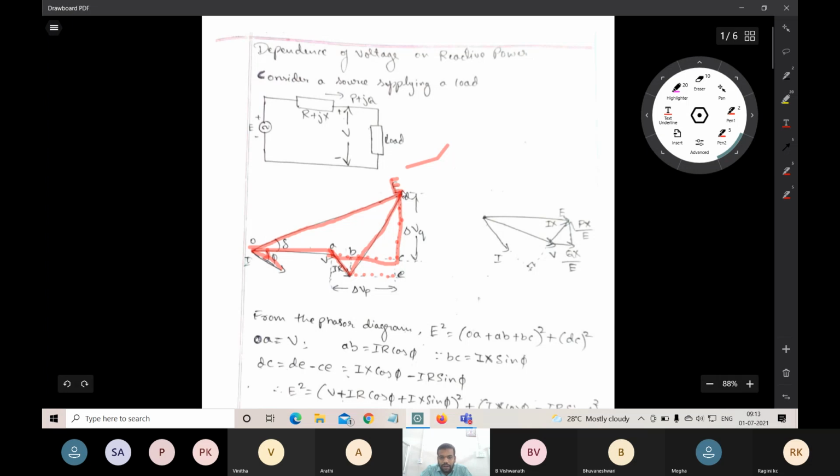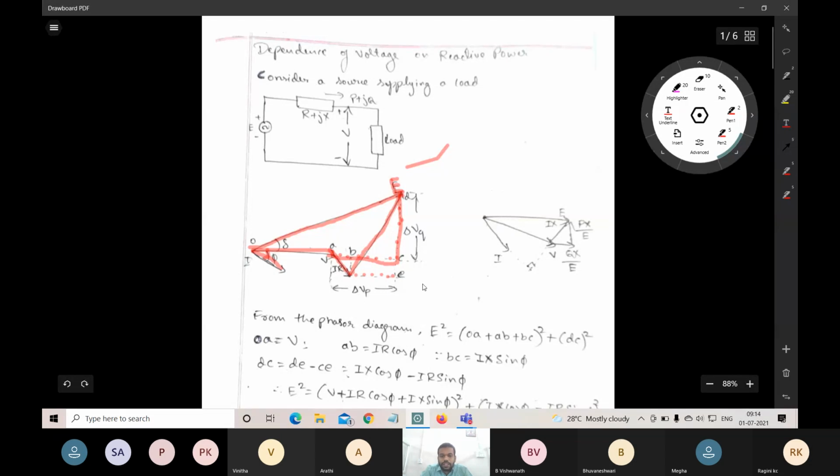OE square is equal to OA square plus AB square plus BC square plus CD square, so OC is given by OA square plus AB square plus BC square.